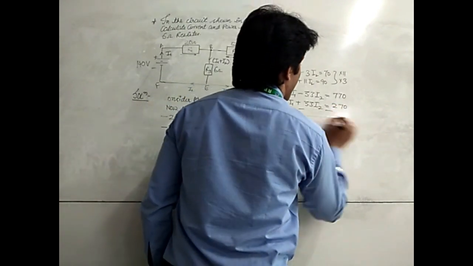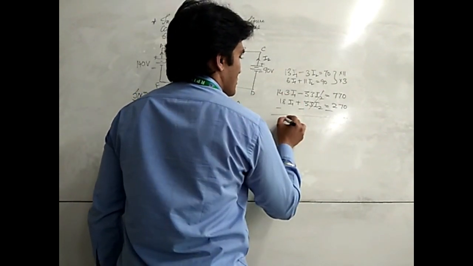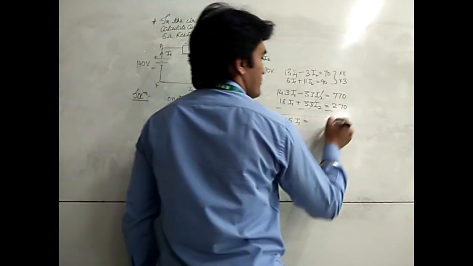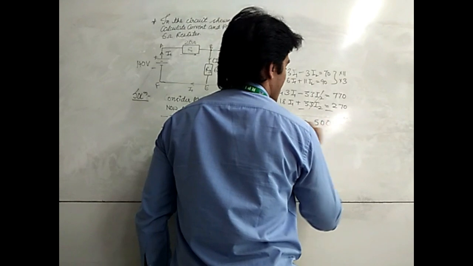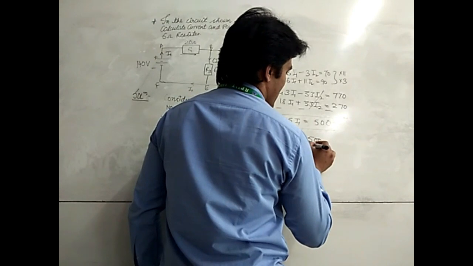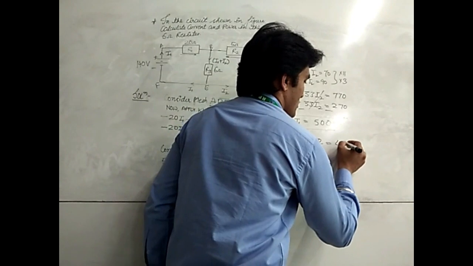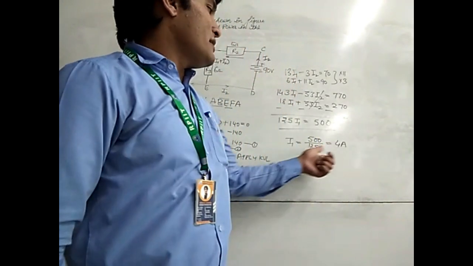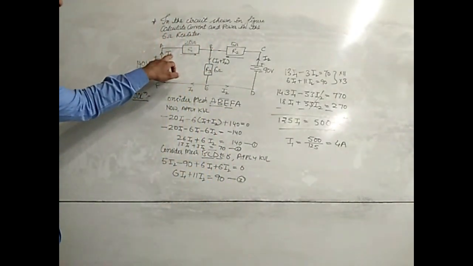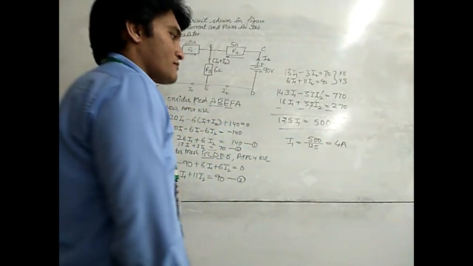Now subtract, and the I2 terms cancel out. So 125 I1 is equal to 500. From here we can calculate I1: 500 divided by 125. We get the value of I1, that is 4 ampere. So here we have calculated the I1 current, which is 4 ampere.